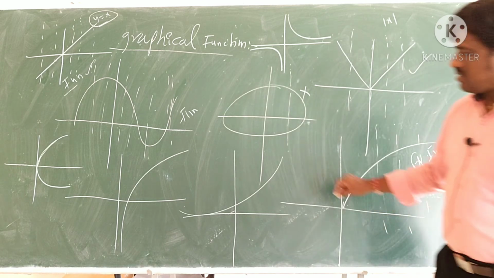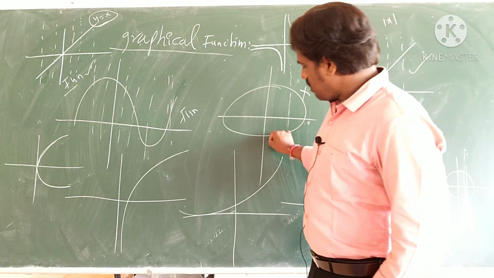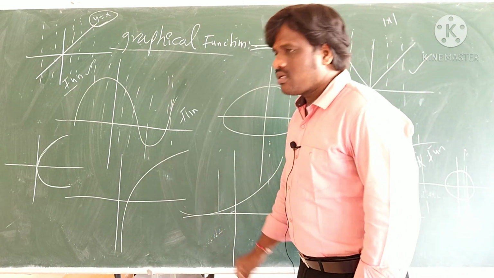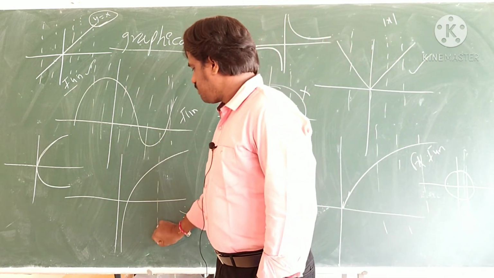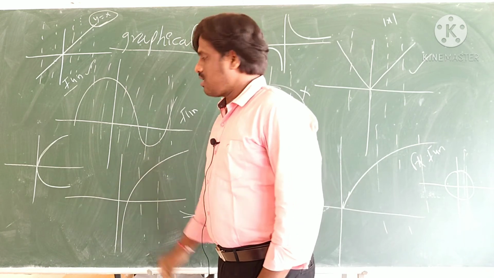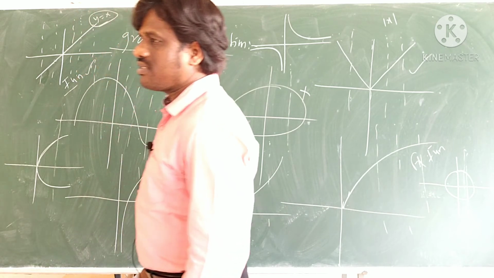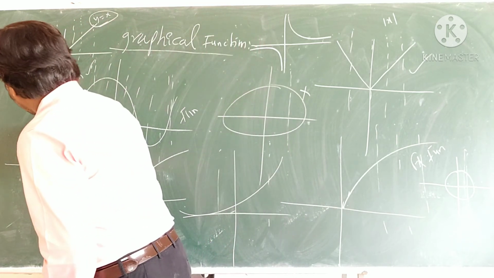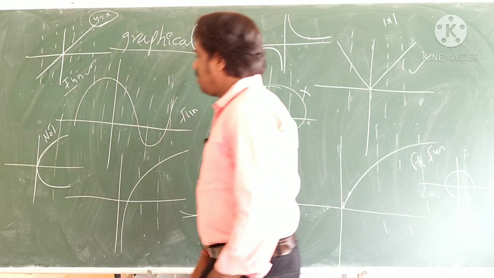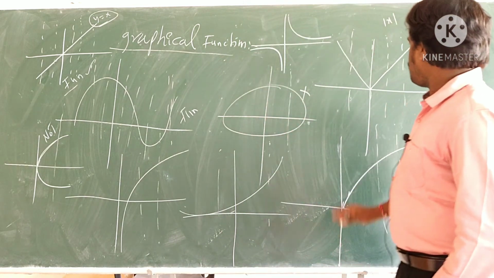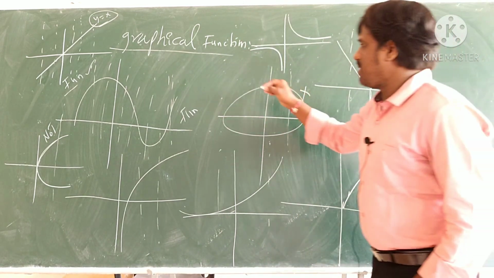Now here this one is exponential, it's a function. It's a logarithm function, right? It's a parabola curve, not a function, right? So like that, you will have plenty of graphs.